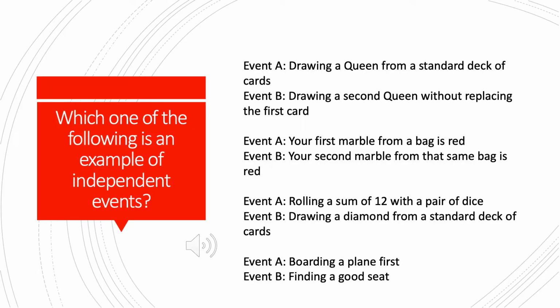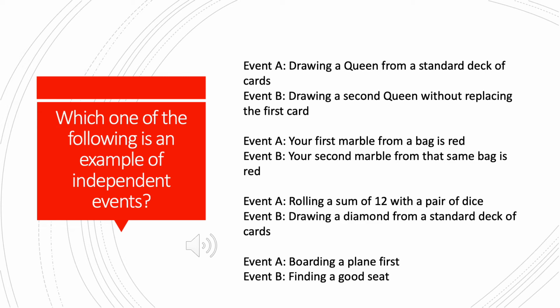Which one of the following is an example of independent events? Our first set, event A, drawing a queen from a standard deck of cards. Event B, drawing a second queen without replacing the first card. Second set, event A, your first marble from a bag is red. Event B, your second marble from that same bag is red.